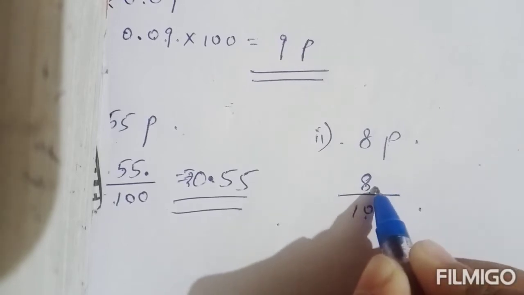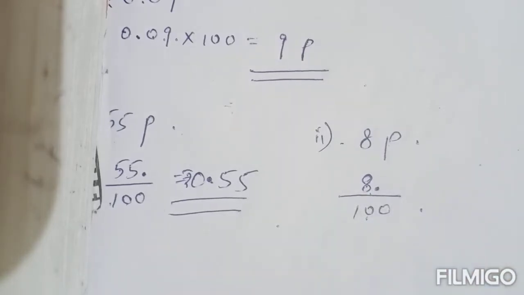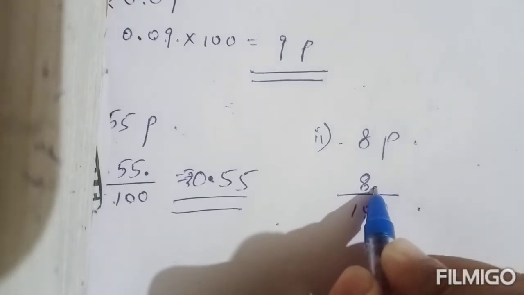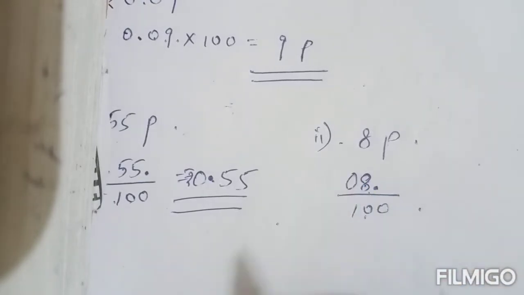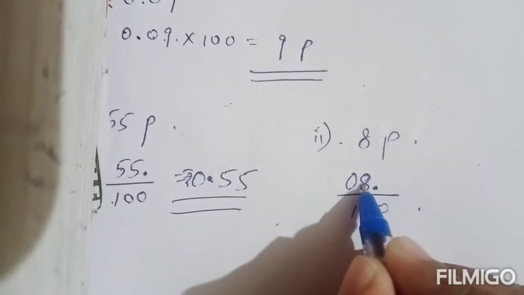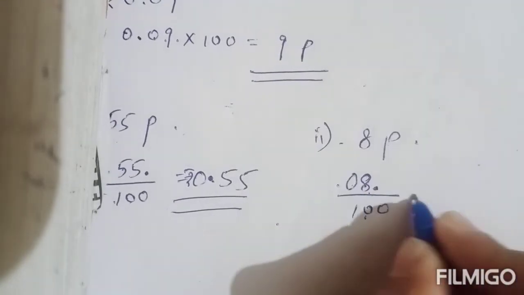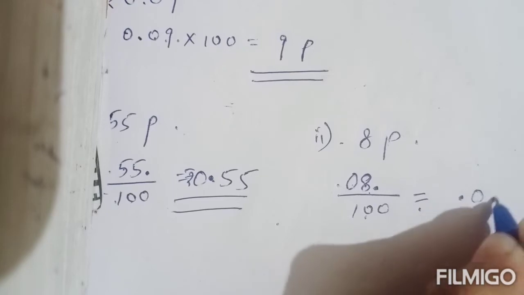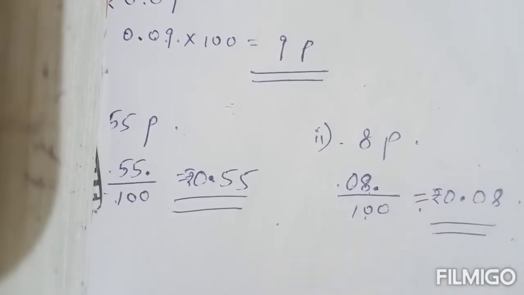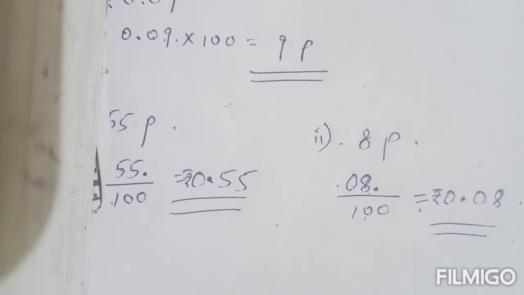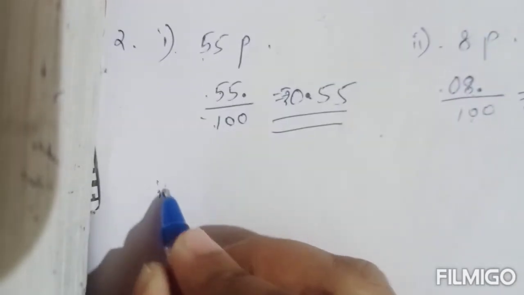So in 8, here will be the decimal point. Moving this decimal point 2 places to the left, 1. Second digit you can put 0. 1, 2. Here will be the decimal point and the answer will be 0.08. That means 0.08 rupees it will be. Okay. Now third one.